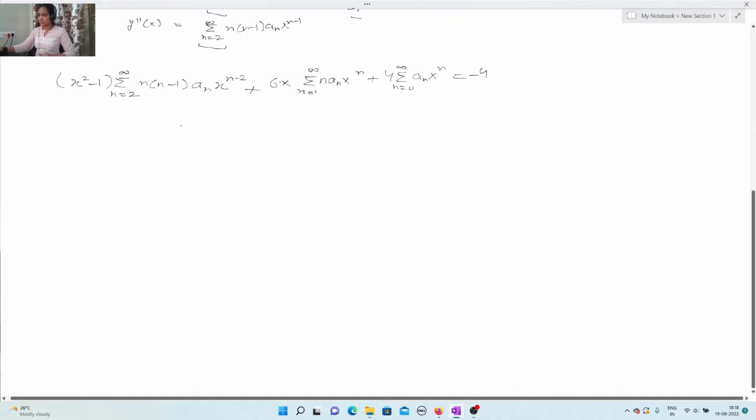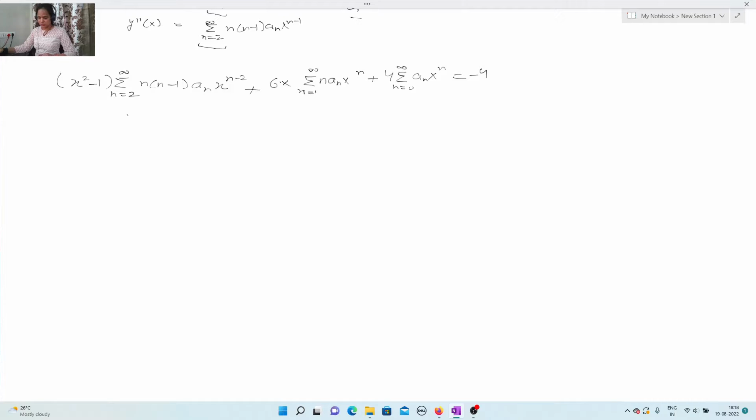Now look carefully. In this equation, this term has x squared minus 1, so we can expand it, and this x squared into x^(n-2) would become x^n.